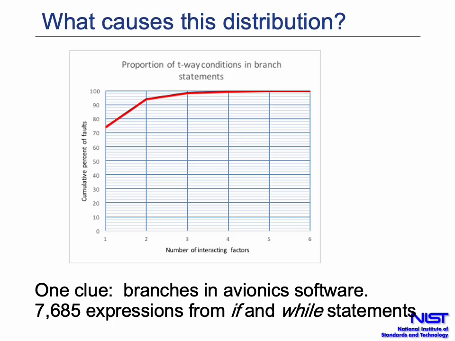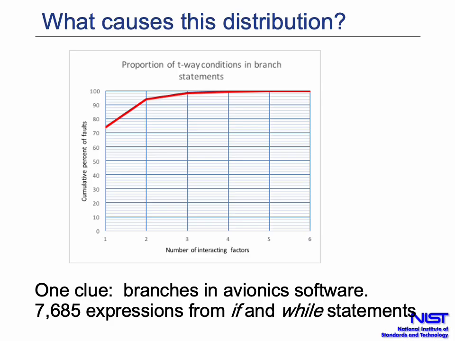So it's natural to wonder what causes this distribution that we've seen in the previous slides. So to understand this, we started looking at the branches that occur in software. In this case, this is a graph from avionics software, so not necessarily representative of all types of software. But this data was from more than 7,000 conditions in if or while statements, in other words, branching statements.